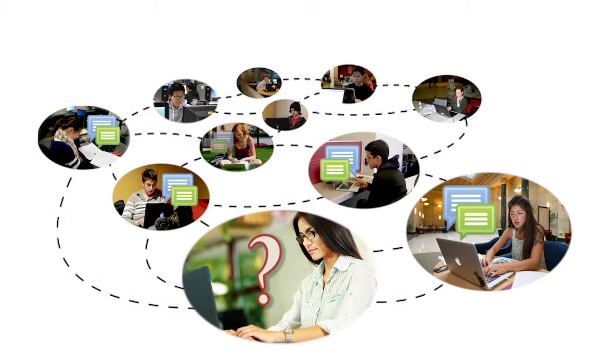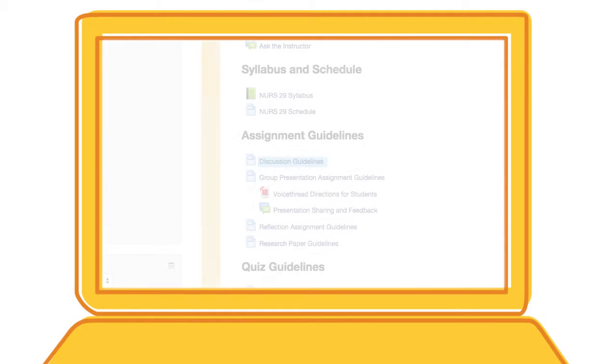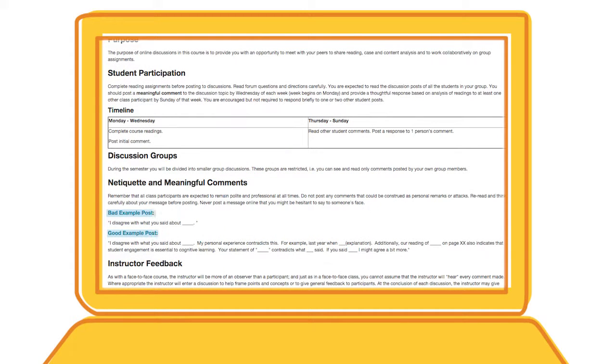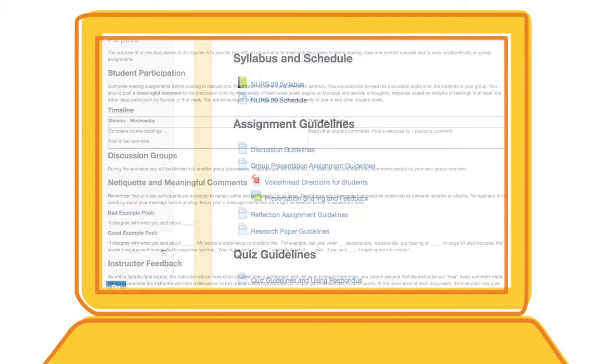Think of all the questions your students might have and provide clear yet brief details that can help avoid confusion or misunderstandings. For example, in your guidelines for online discussions document, you can provide sample forum posts and a forum timeline encouraging biweekly posts. This helps students understand how and when to interact with each other.